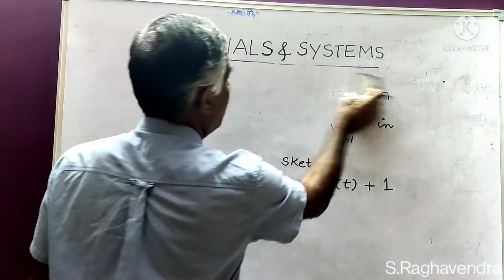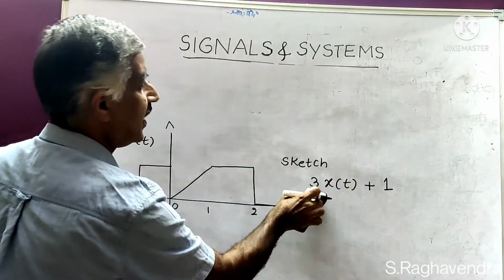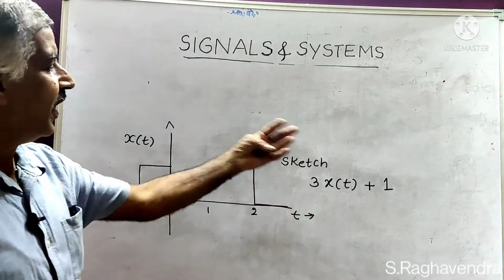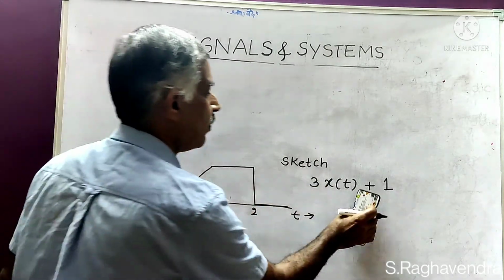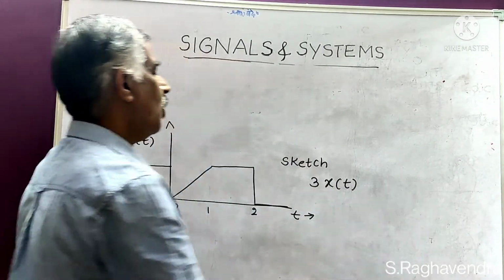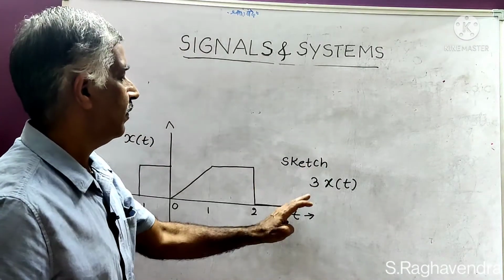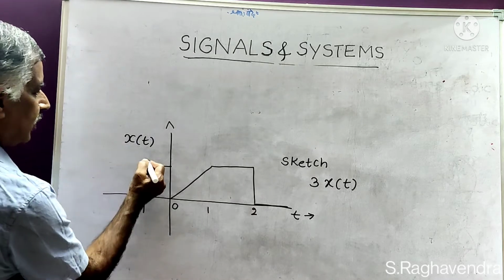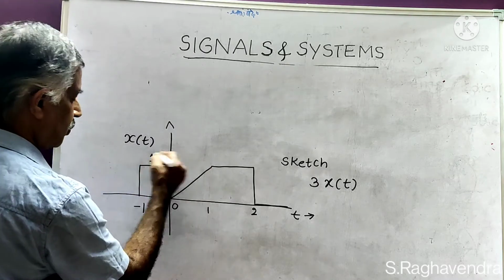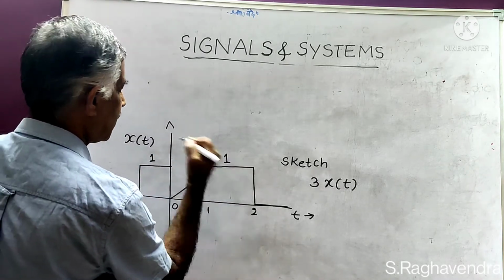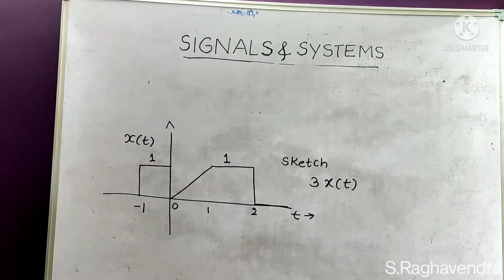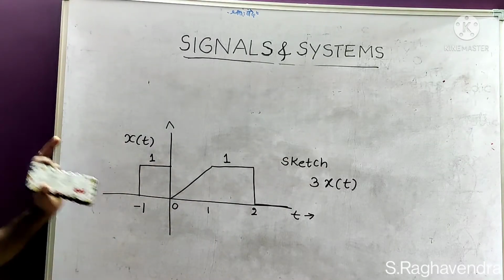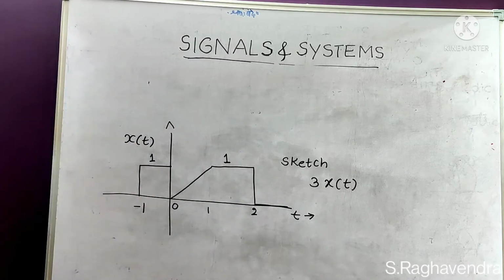First you sketch 3x of t. Then at the end we shall add 1. Let us not bother about this now. Now concentrate on sketching 3 times xt. Here I have not shown the values. This is 1, this is also 1. First let us sketch 3 times xt.